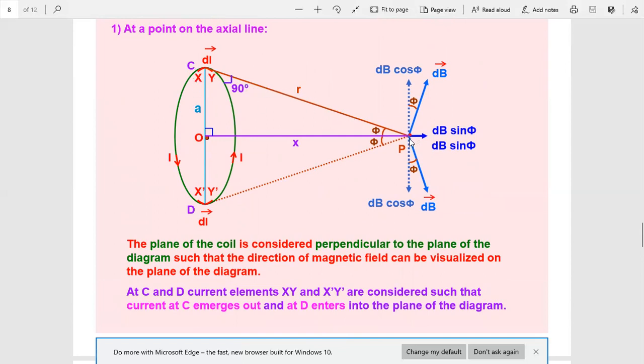This is the position vector of the point where the magnetic field strength is to be determined, and dl is the elementary length of the conductor.